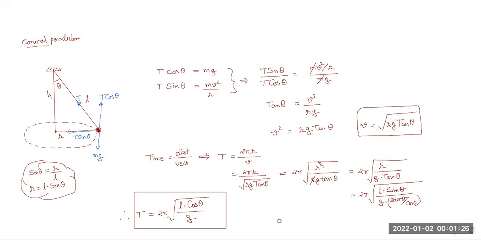So T equals 2 pi root of L cos theta divided by g.